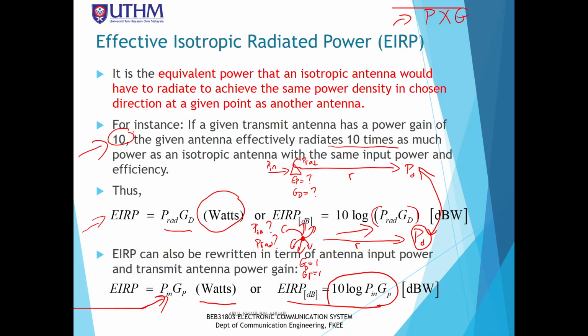So EIRP is actually the strength of the power, power multiplied with the gain. Either we write it in watt, or we can write it in dBW.